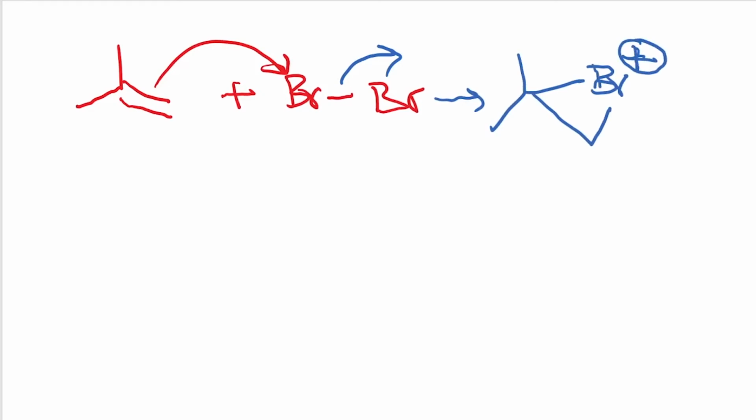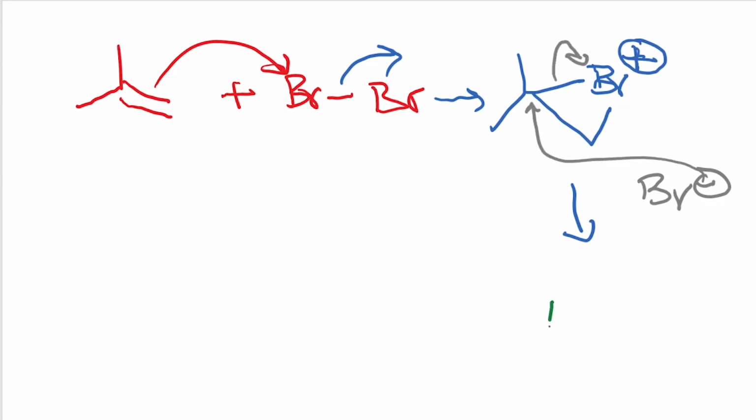Then opening up of this by the bromide goes over here, and you kick this out, and the product that you form would be the dibromide. This is something that you are already quite well versed with.